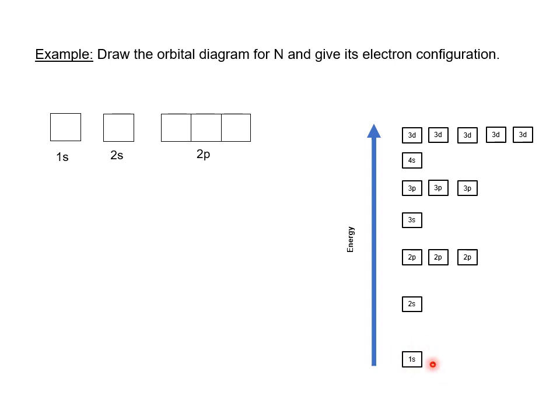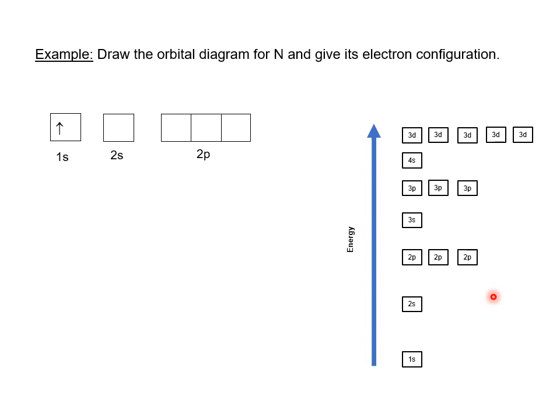So we put 2 in the 1s, we put 2 in the 2s, that's 4 electrons, then the other 3 electrons go in the 2p. But remember, based on Hund's rule, we have to fill these one at a time. So we're going to put one electron in each of the p orbitals.